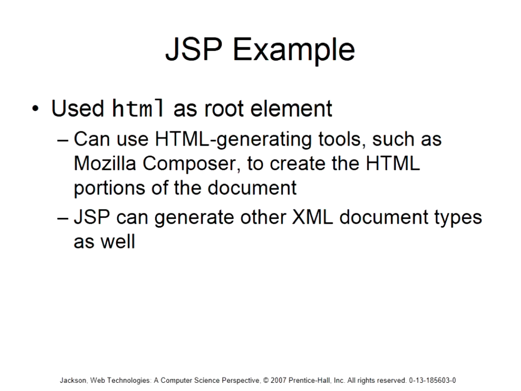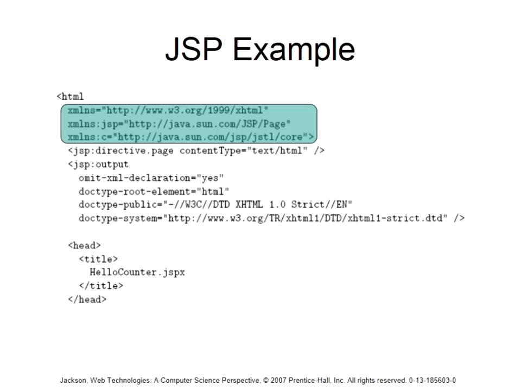GSP can generate other XML document types as well, not only HTML documents. Like Java servlets, we can use them to generate XML documents, Excel files, or any other types of content.